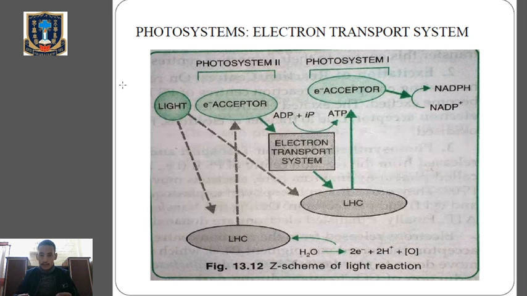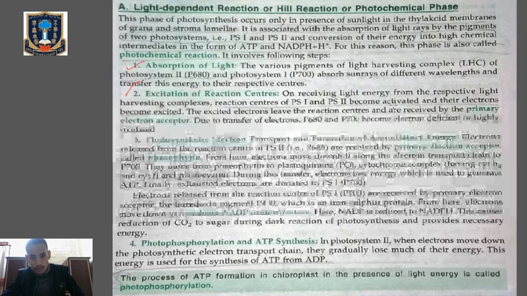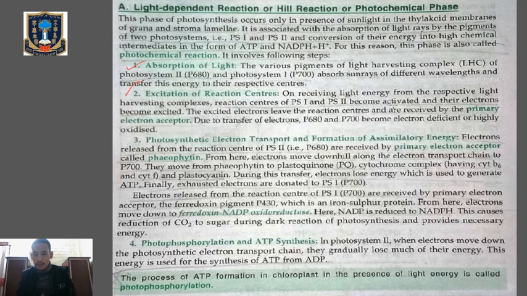Now once the reaction center will receive the light having wavelength 680 nanometer and 700 nanometer, the electron becomes excited. Now the electrons from the PS2 reaction center will be received by the electron acceptor. Okay, and similarly the electrons from the reaction center of PS1 will be received by the electron acceptor of PS1. Okay, now both the PS2 and the PS1 reaction center will become electron deficient or highly oxidized. Clear?